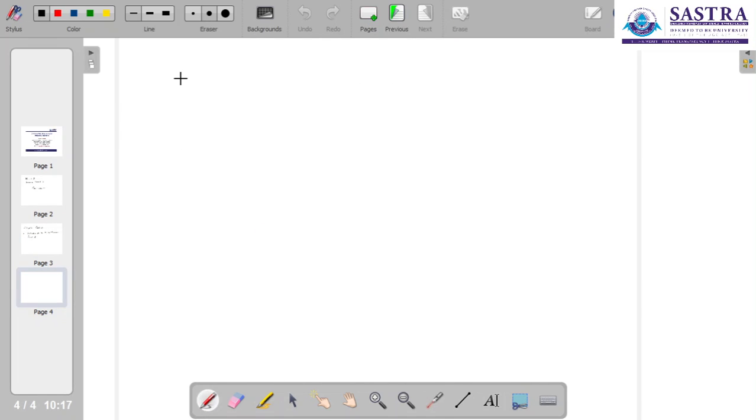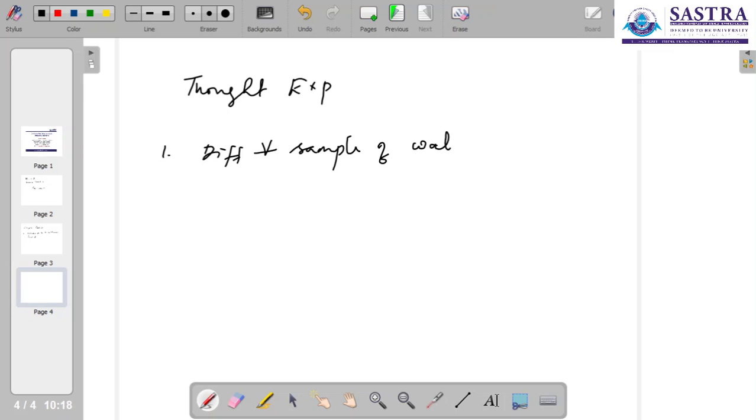Now let us do this thought experiment, right? We are going to take different volume samples of water. So we are going to measure, let's say, its mass.